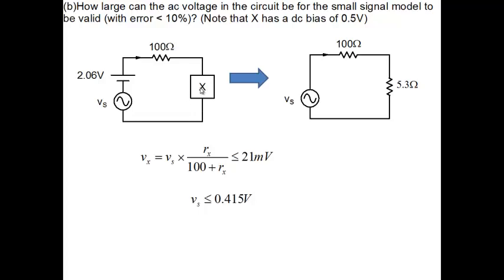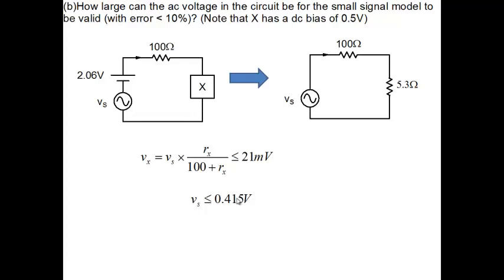You may say the voltage across X has to be only 5 millivolt. That looks very small, but that does not mean that the applied voltage has to be that small. For Vx less than 21 millivolt, the applied voltage is fairly large, 400 millivolt.